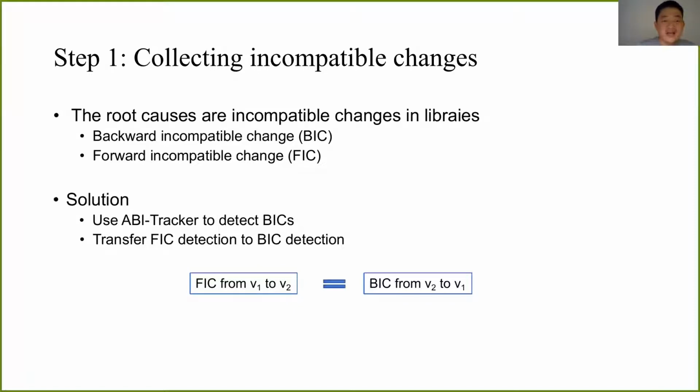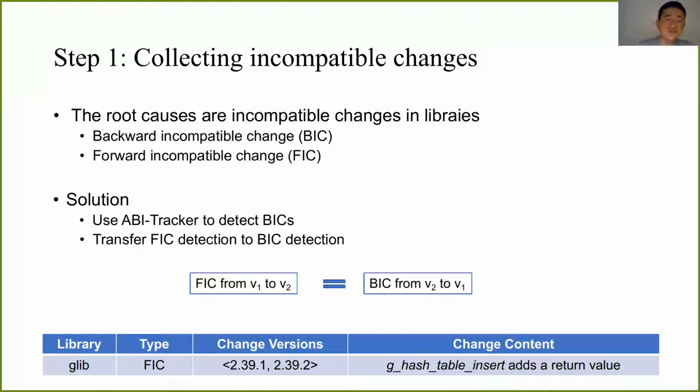We use an existing tool, API tracker, to detect BSC and transfer FIC detection to BSC detection, since a FIC from V1 to V2 is exactly the same as a BSC from V2 to V1. In this step, we get the glib change in our previous example.